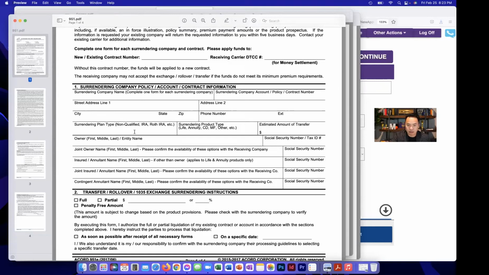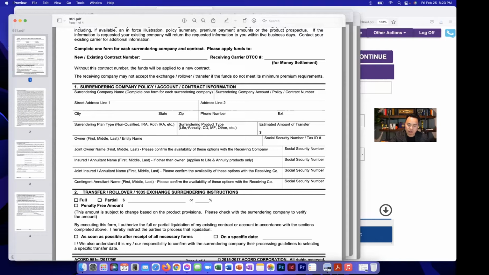IRAs, Roth IRAs, that's where you need to put it. For non-qualified, if you're doing the cash rollover, cash premiums, then you need to put non-qualified here.